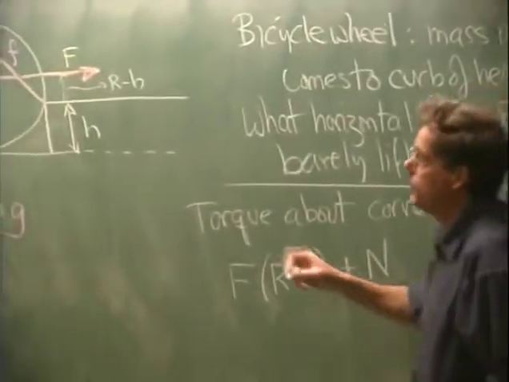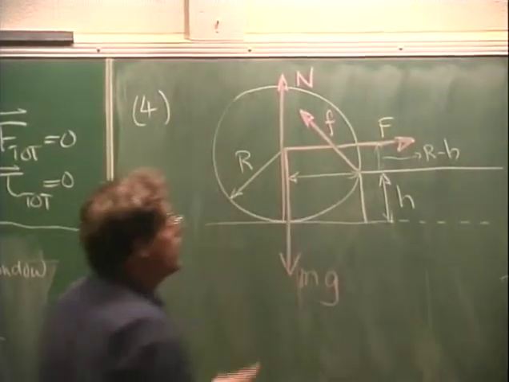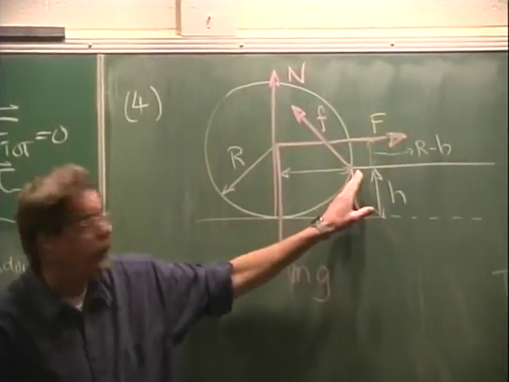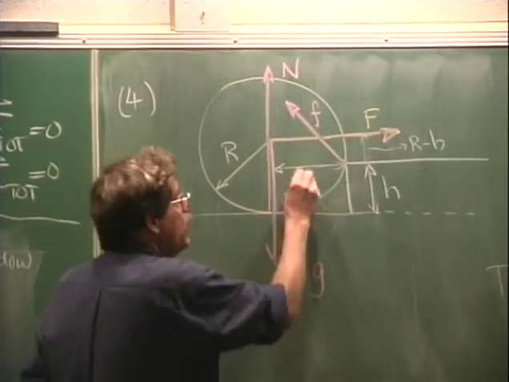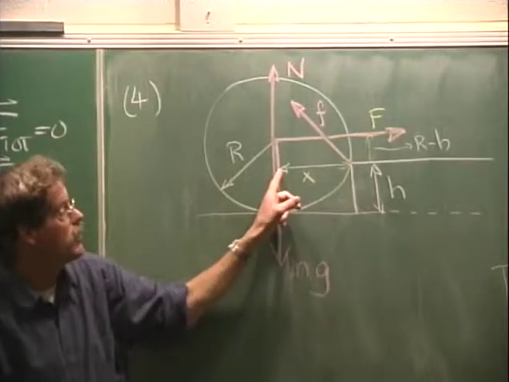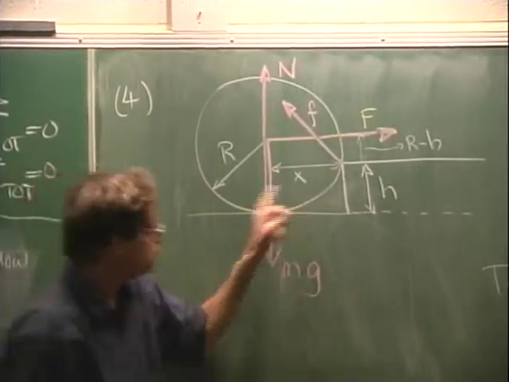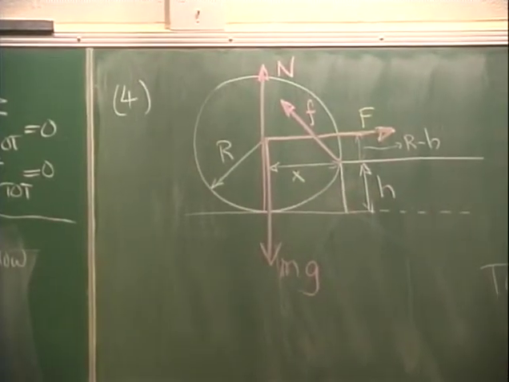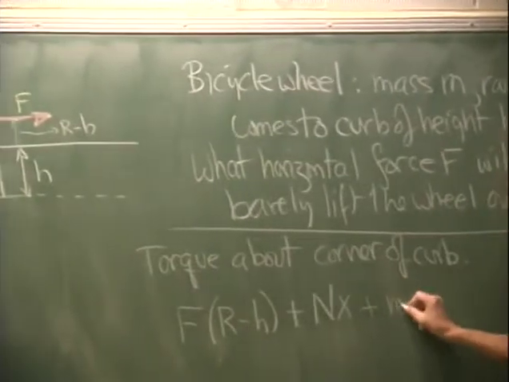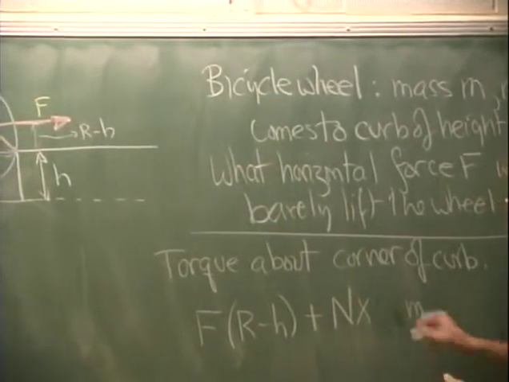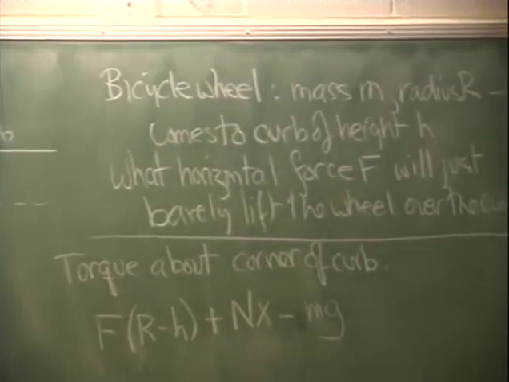The normal force here, and what's its lever arm? Well, no, it's not R, because the curb is cutting in a little bit less than all the way out there, right? It's this distance, let's call it X for the moment, a little bit less than R. Everybody see that? So it's N times X, and then tending to rotate it the other direction is the weight of the wheel, minus mg, and the lever arm for that one, again, X.